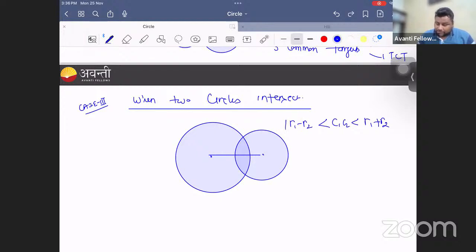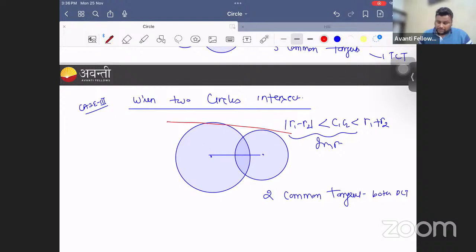See, this is very important. In this case, there will be two common tangents, and both are direct common tangents. One here and one here. Got it?